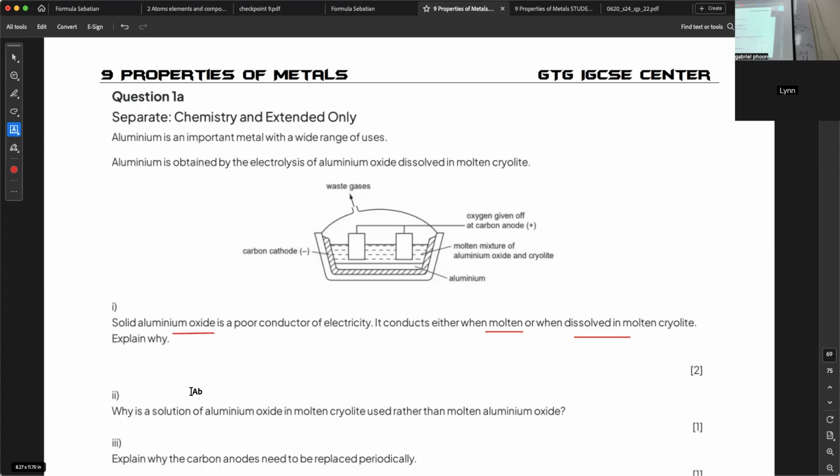Then it says that it conducts either when voltage, you know what voltage is? What's voltage?